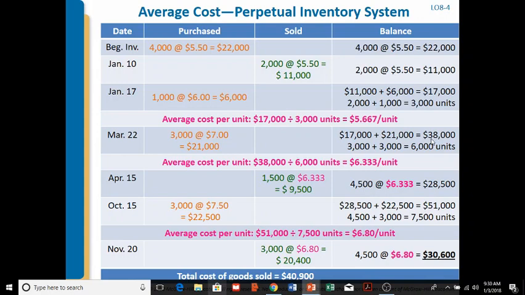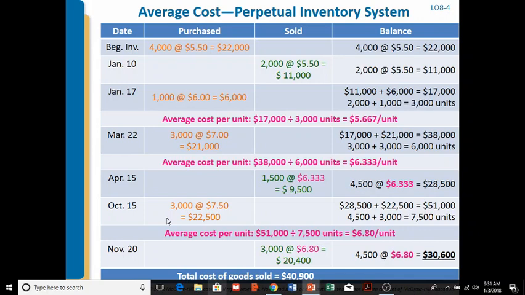So we take the 38,000 and divide it by 6,000 units to come up with an average cost per unit of 6.333 per unit. All right, and then on April 15, we sell 1,500 of those, and we're going to price those at our average cost per unit of 6.333, which is $9,500, and what remains is 4,500 at that cost per unit as well.